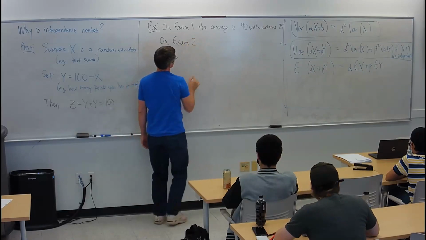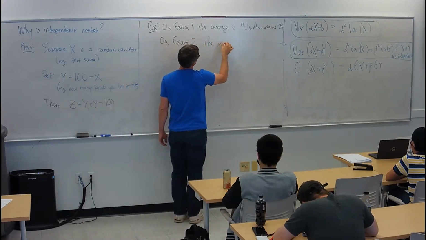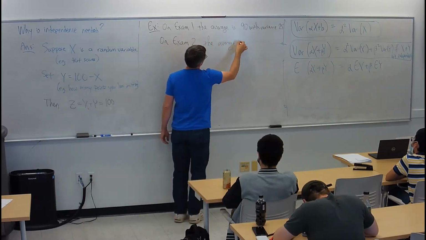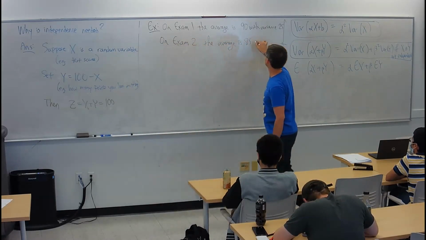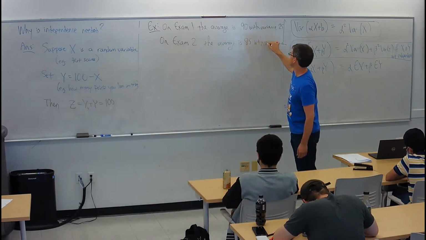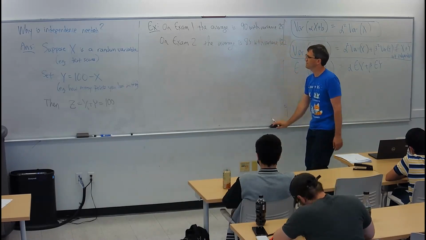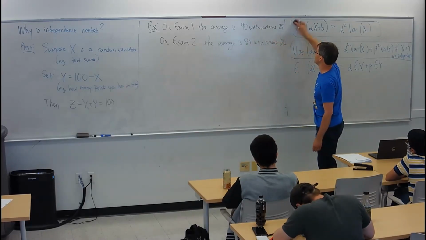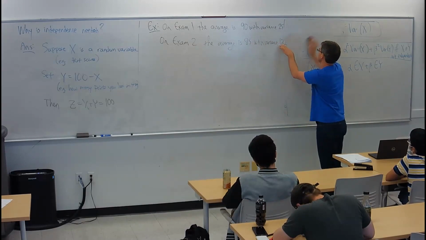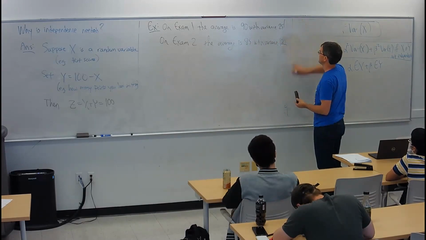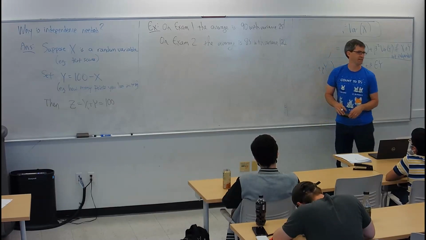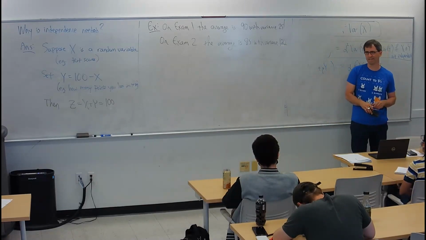Say on exam 2, the average is 85, and the variance is 100. And again, variance is not the real quantity that you care about. The square root of this is what you really care about. So a 10-point standard deviation is actually considered ideal on a test.